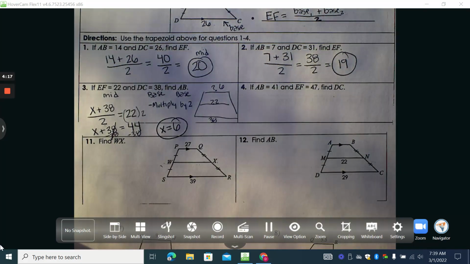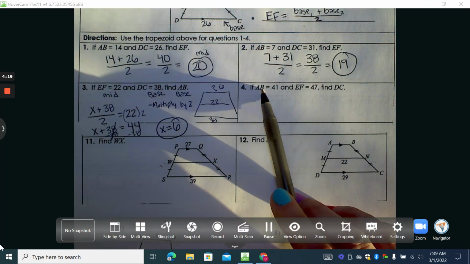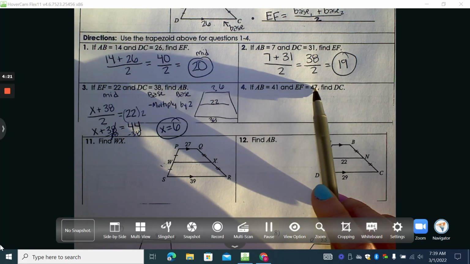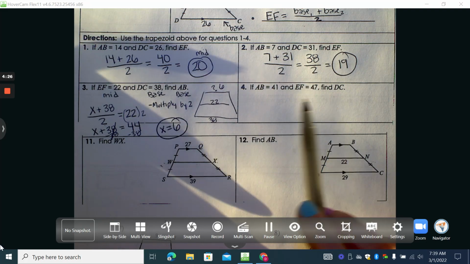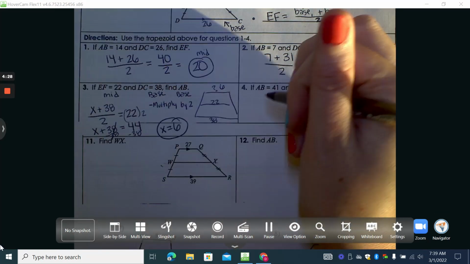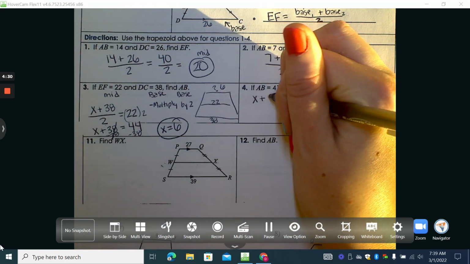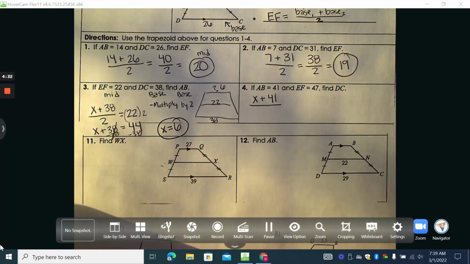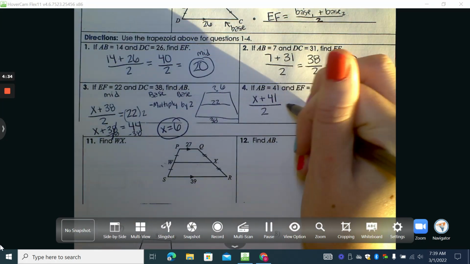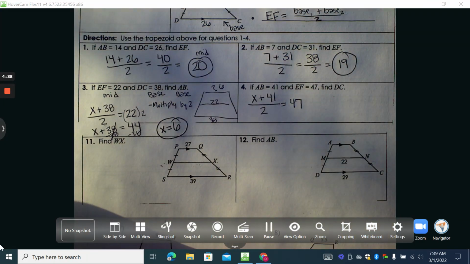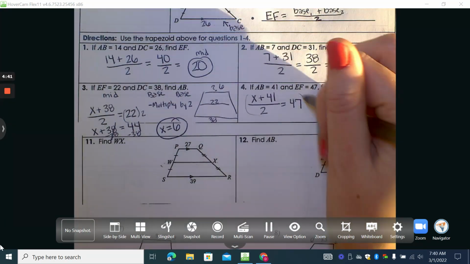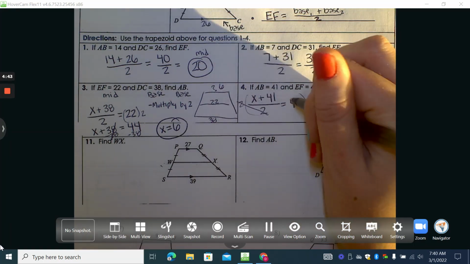Same idea for number 4. It gives me AB as my base at the top, EF is my middle, and I want to find my base at the bottom. So same setup. I'm going to do x plus my other base, which is 41, divided by 2 equals my mid-segment, 47. And I multiply by 2, these 2's cancel out.